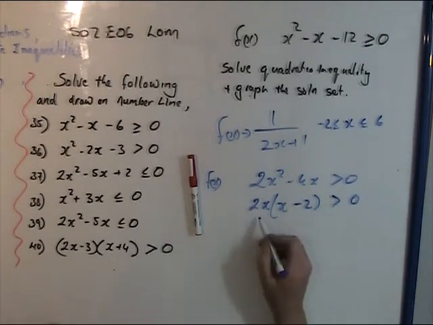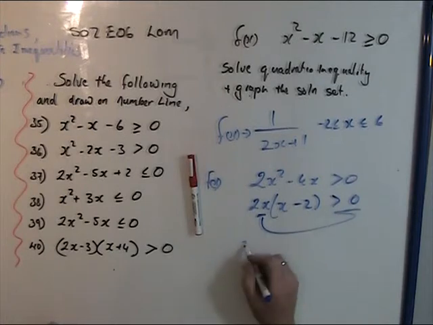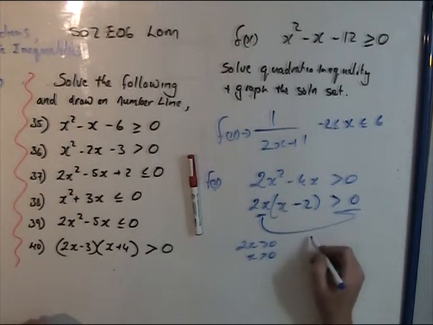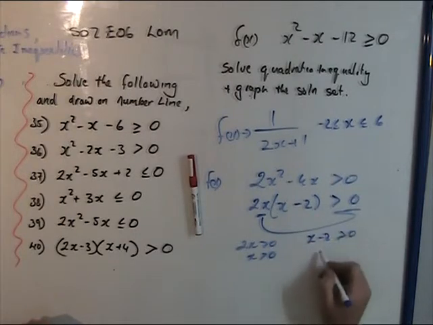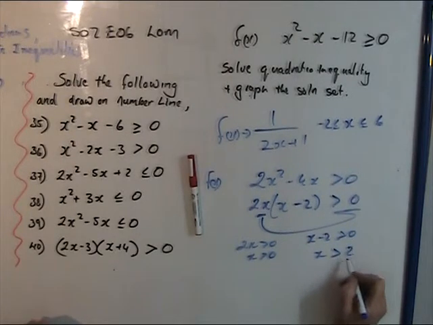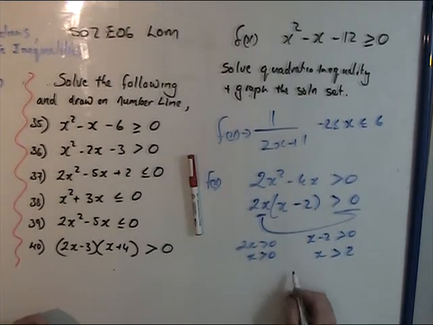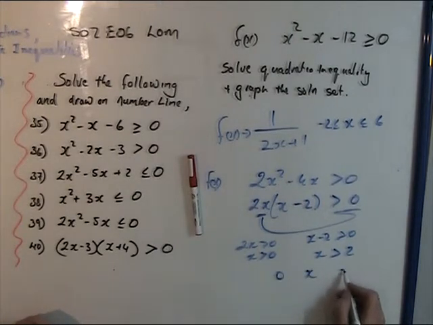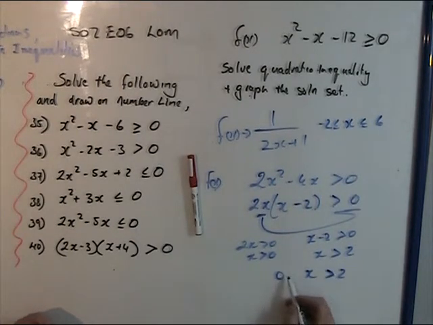So I got 2x greater than 0, so x is greater than 0, and x minus 2 is greater than 0, so x is greater than 2. And there are my values, 0 for x and 2. x is greater than 2, but not including 2, and it's greater than 0. So there are your values there.